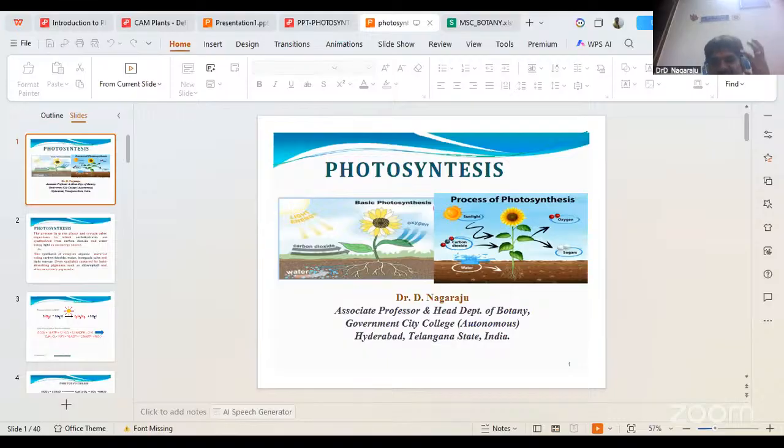It absorbs the sunlight and carbon dioxide from the atmosphere and water through the roots from the soil. Okay, and it synthesizes carbohydrates. The main basic carbohydrate is glucose.